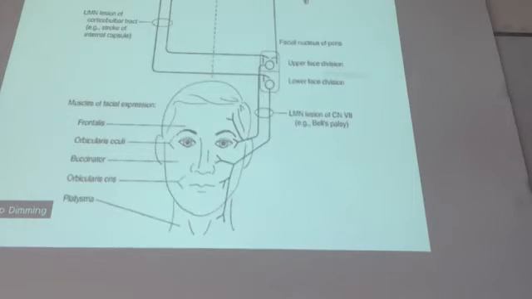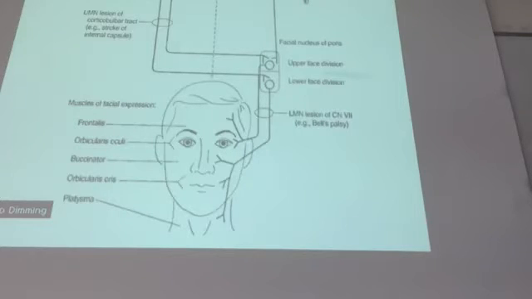If you have an upper motor neuron lesion of the facial nerve, you're just going to have drooping of the lower part of the face. The reason is that you still have ipsilateral innervation from the brain for just the forehead.